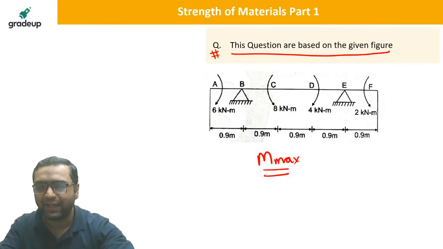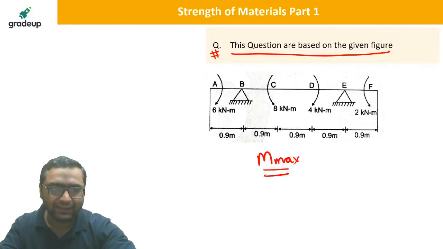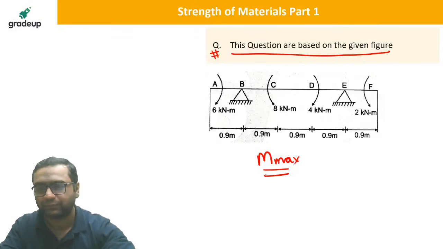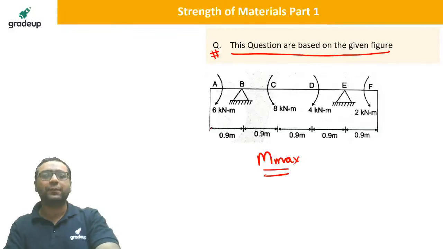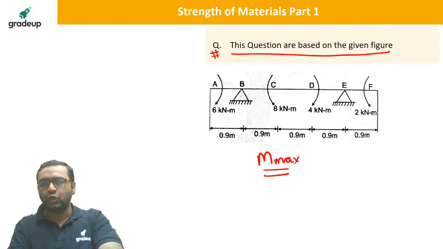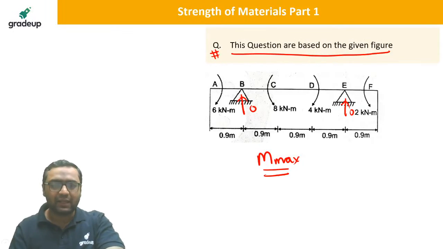Okay, Jay is saying 8, Sudhir is saying 14. Parth is saying 6, Yasser is saying 6, Ayush is saying 6. Neeraj is saying 6. So dear, for that you need to apply the method of sections. You know this reaction is 0, this reaction is 0. So we will be taking sections like this.